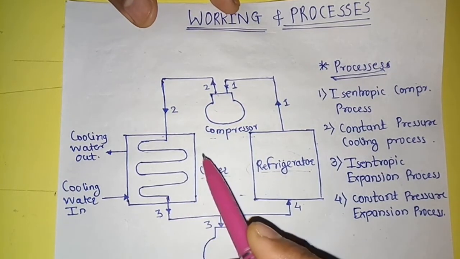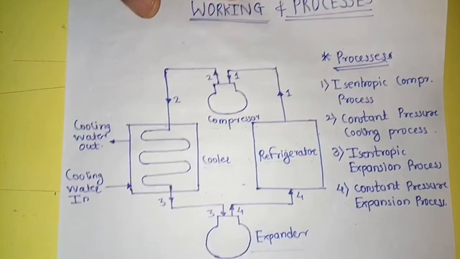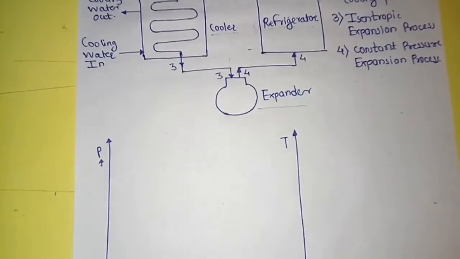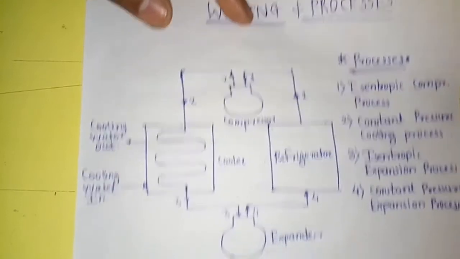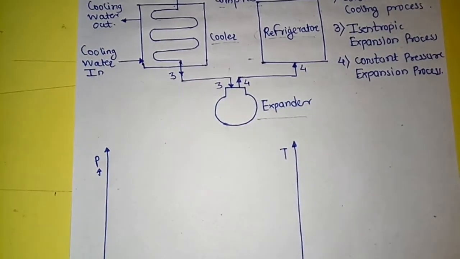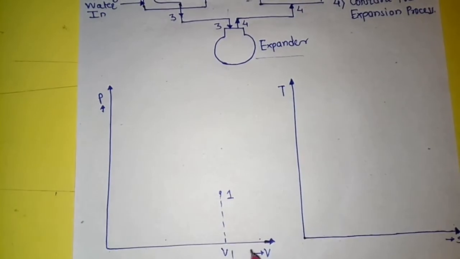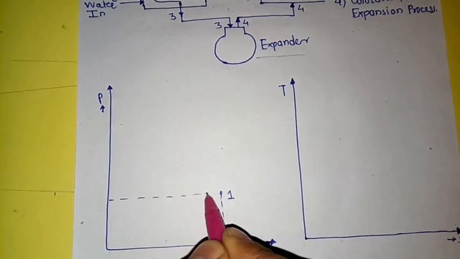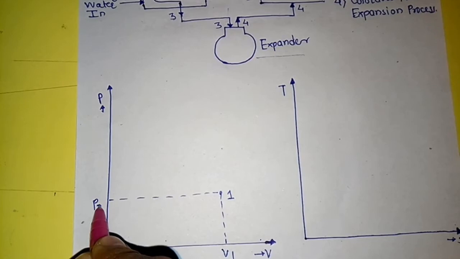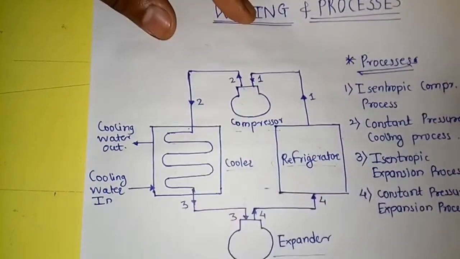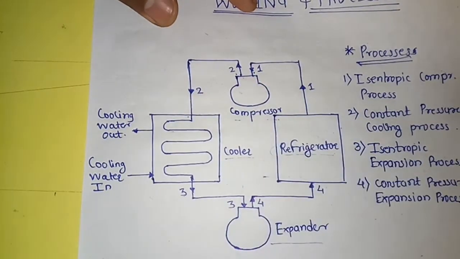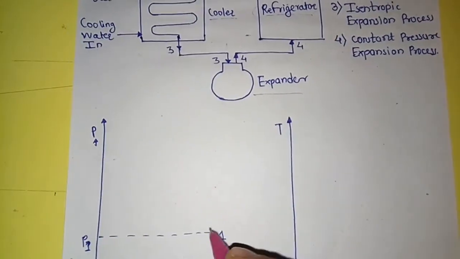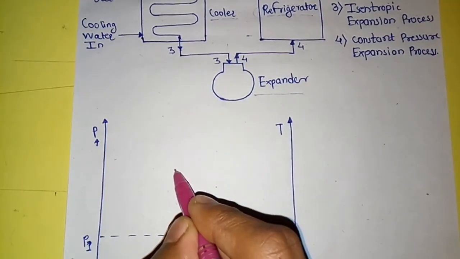So now we will plot this process on the PV and TS diagram. Consider this is the first point, which is the entry of the compressor, of volume V1 and pressure P1. As air compresses from point 1 to 2, its pressure increases and volume decreases.